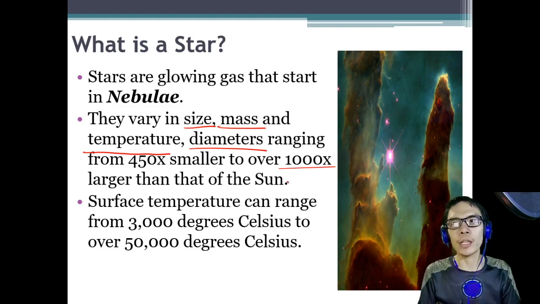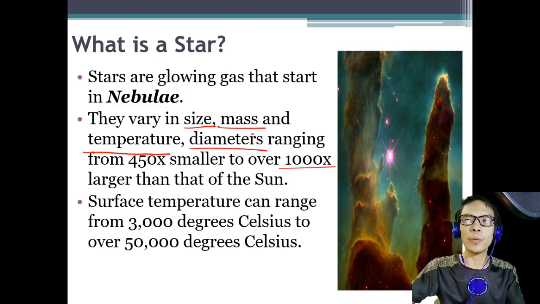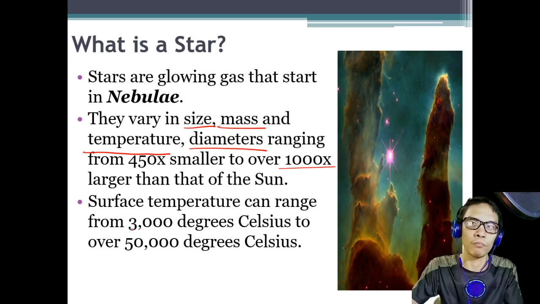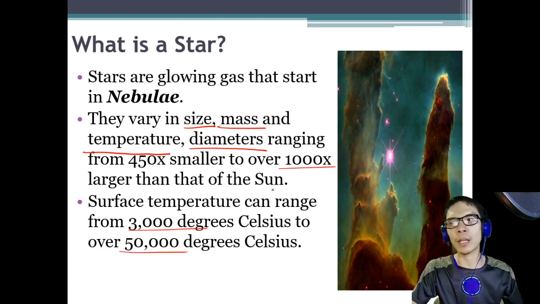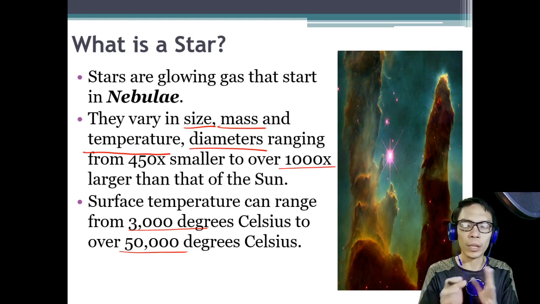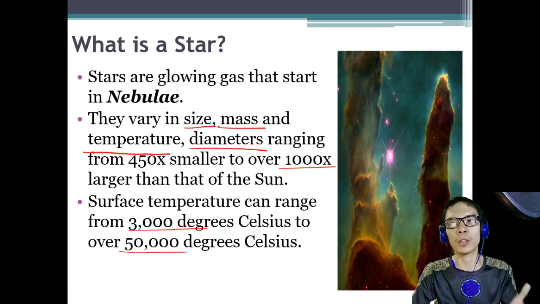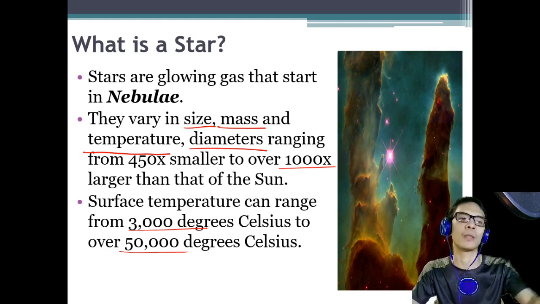So there are different kinds of stars that we can find in outer space. The surface temperature of the stars can range from 3000 degrees up to 50,000 degrees Celsius, depending on what color of the stars we are dealing with.